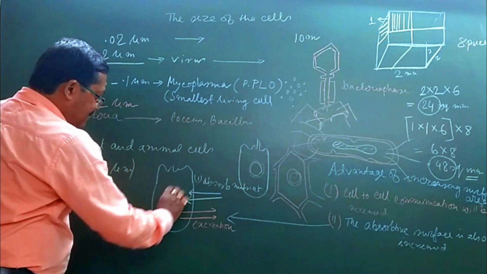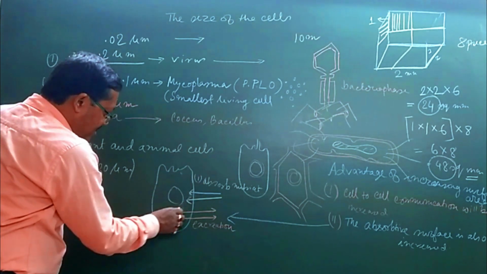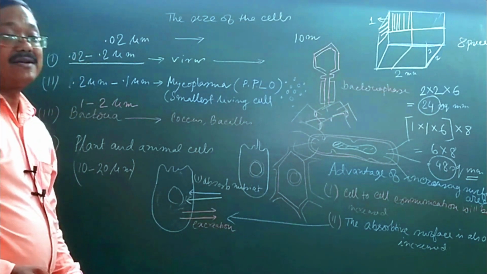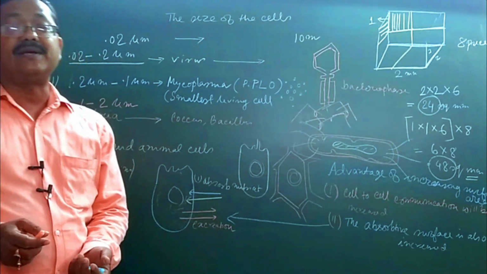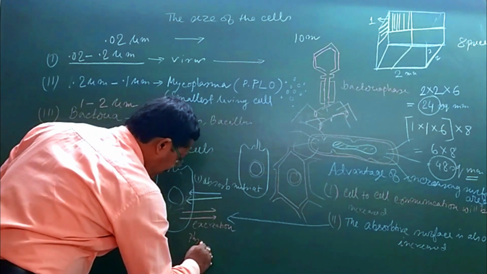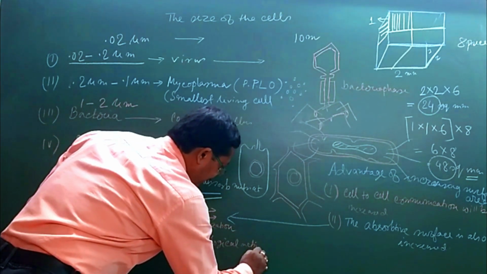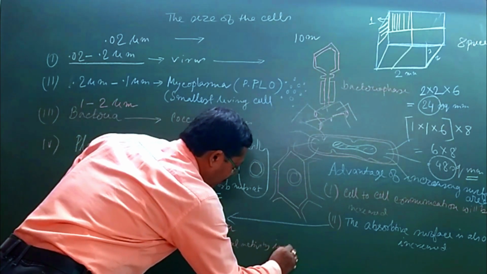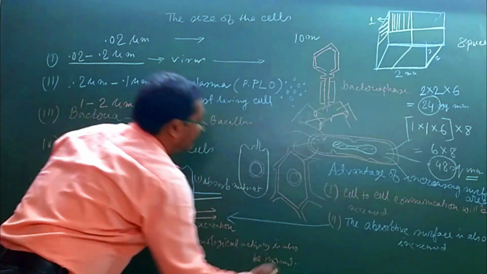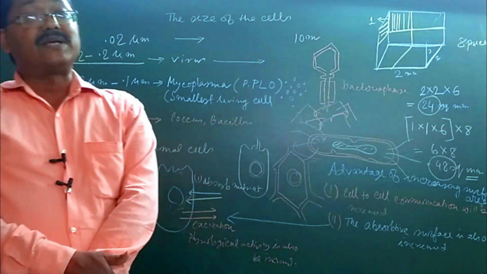As the surface area increases, the internal cytoplasmic amount also increases, and the metabolic activity and the physiological activity also increase. This is the significance of the surface area.